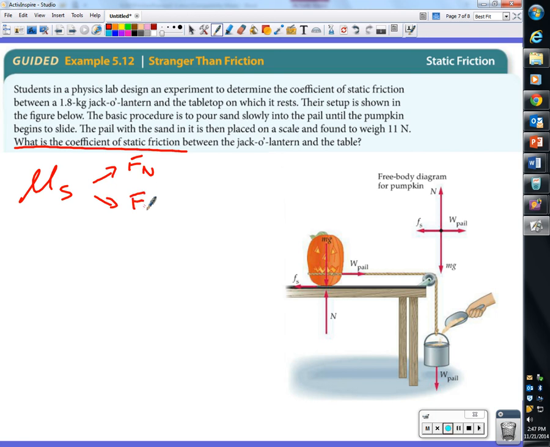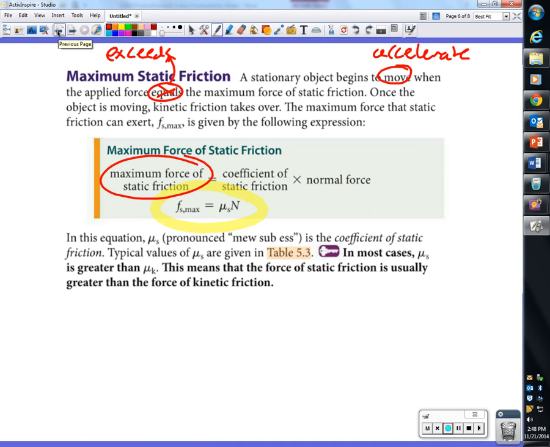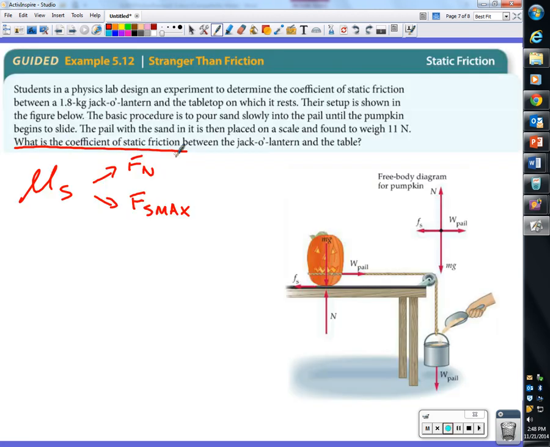We also have to know what the maximum static friction value is. Those are the two terms in this equation that relates the maximum force of static friction to the normal force. We need to solve this equation for the coefficient of friction, so we need to know those two things.